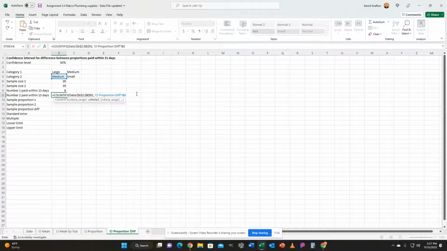All right. So now we're going to give it another range so we can look for that days. So that's back again at our data tab, a different column like it was in the earlier example. Okay, and then give it the criteria we're looking for, less than or equal to 15.